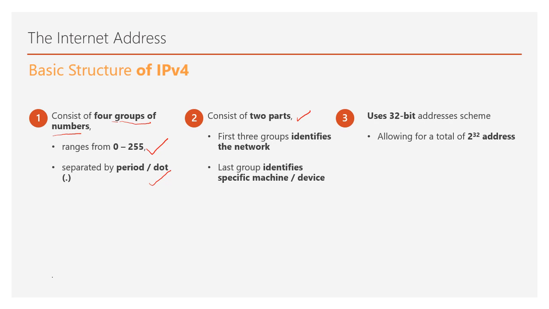The first 3 groups identify the network, and the last group of numbers identifies a specific machine or device connected on the network. IPv4 is called a 32-bit address scheme, which allows a total of 2 power of 32 addresses to be developed.